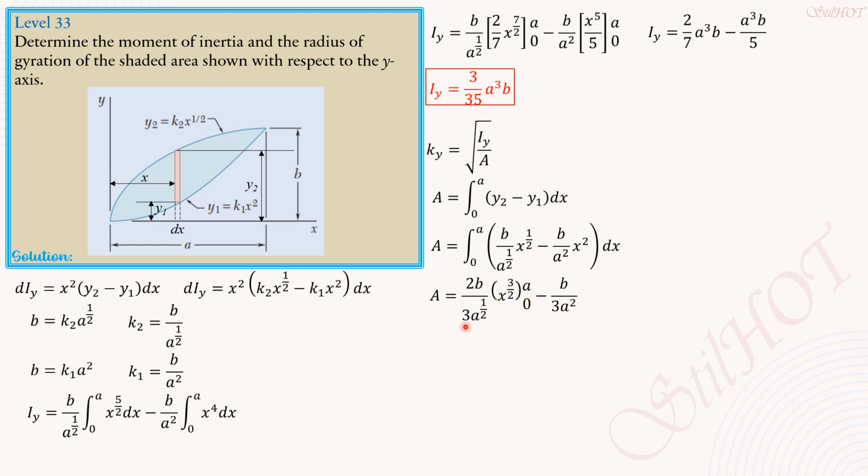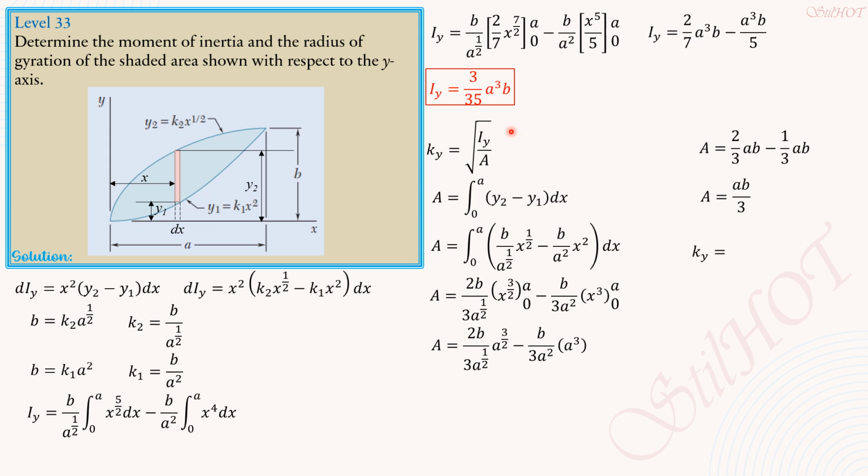Reciprocal of 3/2 is 2/3. That's why you have here minus b over a squared x cubed over 3. So this is 2/3 ab, this is 1/3 ab. If we simplify, then minus b over 3a squared a cubed. So simplifying, that's 2/3 ab minus 1/3 ab. So the area is 1/3 ab.